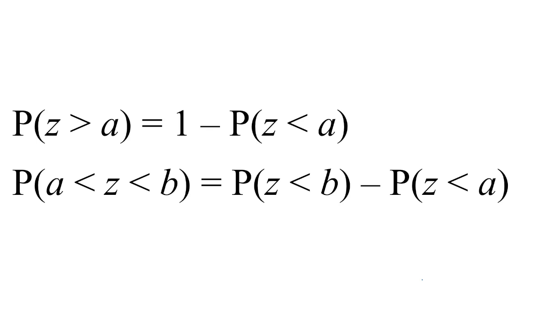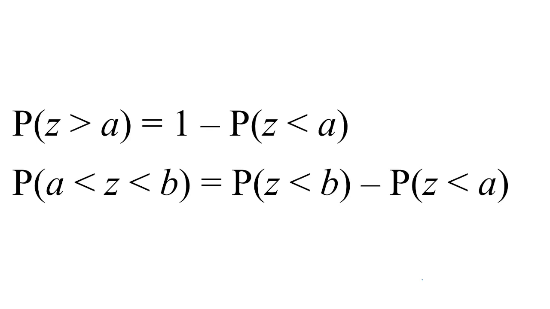If you're looking for the probability that the z-score is between a and b, all you have to do is look at your z table, find the two probabilities, and subtract. That's what this is saying.